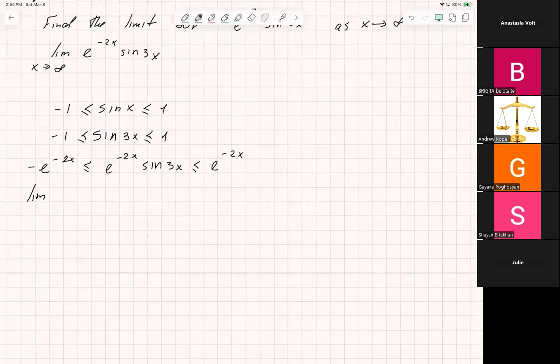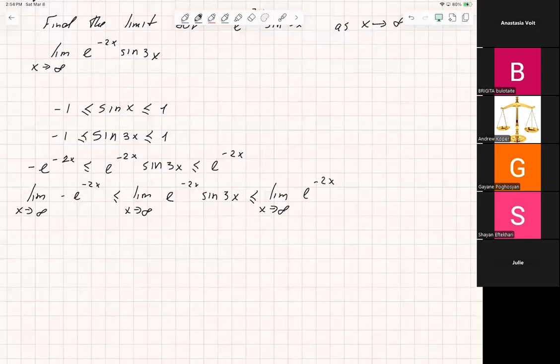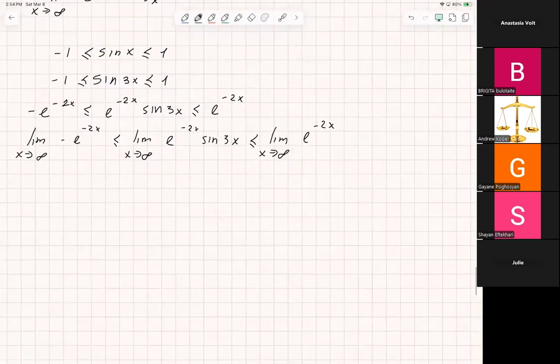We have the limit as x approaches infinity of negative e to the -2x less than or equal to the limit as x approaches infinity of e to the -2x sine 3x less than or equal to the limit as x approaches infinity of e to the -2x. Now, if you don't remember how e to the -x looks like, it's not really a problem. What you need to remember is e is just a number.